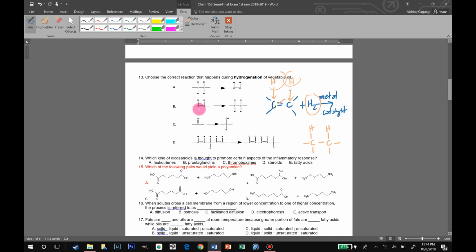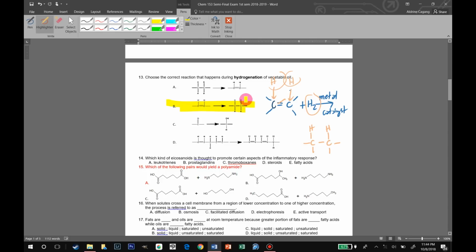You're starting with an alkene, double bond C, and then at the end you obtain an alkane, and then you have the addition. Oh, actually the added hydrogens are at the bottom because the hydrogens of the reactant are placed at the top. So this one is the addition product. So the letter B seems like a correct answer.